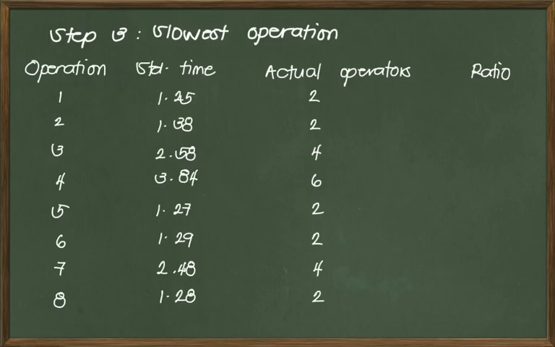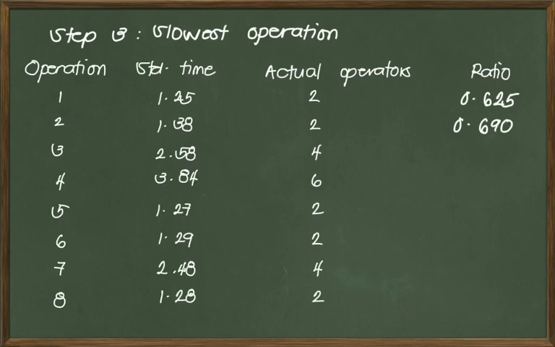So we add another column here, which is the ratio, and that is just the quotient obtained by dividing your standard time by the number of actual operators for each line. So that will be 1.25 divided by 2, which gives us 0.625. Next operation, 1.38 divided by 2 again, that will be 0.690.